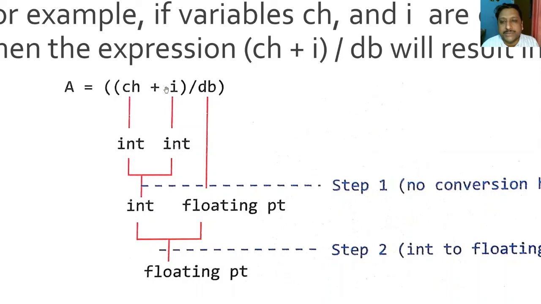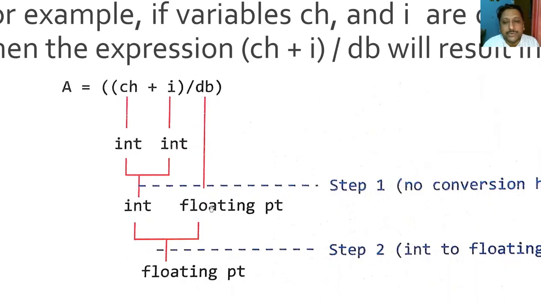So addition of both integer types is performed here, and the result will be in integer type. Now a floating type db is there, and the numbers will be divided. So two different types of data are here, so automatically the integer type will be converted to floating type, then both floating type numbers will be divided, and the result will be obtained in floating type.